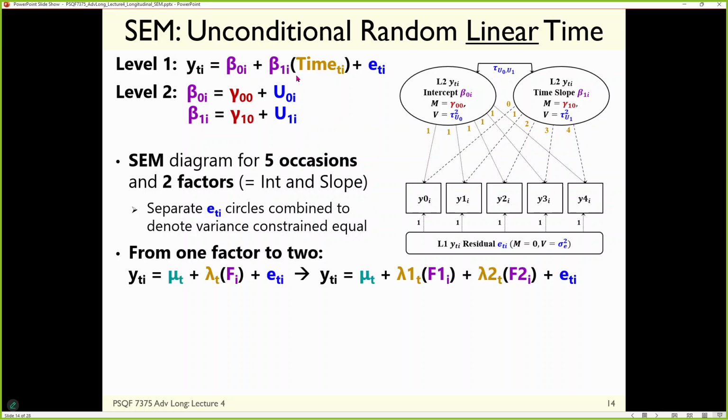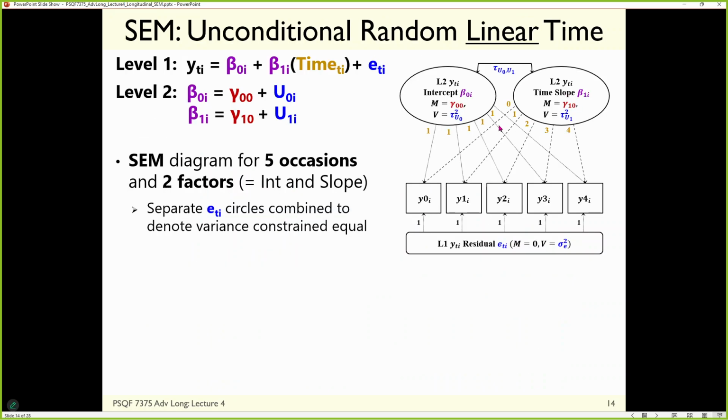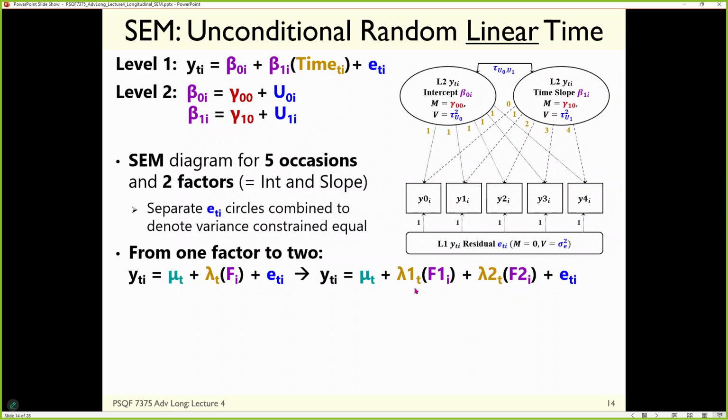So here's how we get from this to this. First off, we need 2 latent factors in this model. We need 1 for the intercept and 1 for the slope, whereas previously we just had 1. So that's the first step, make us 2. So I'm writing this in the measurement model notation to start with. The first thing that I have to do is shut off each of the intercepts that would be normally there for each of these boxes.